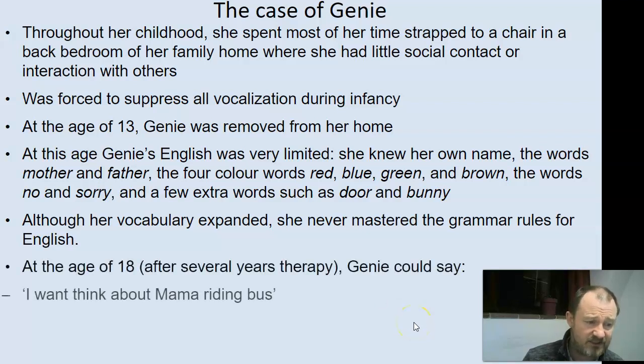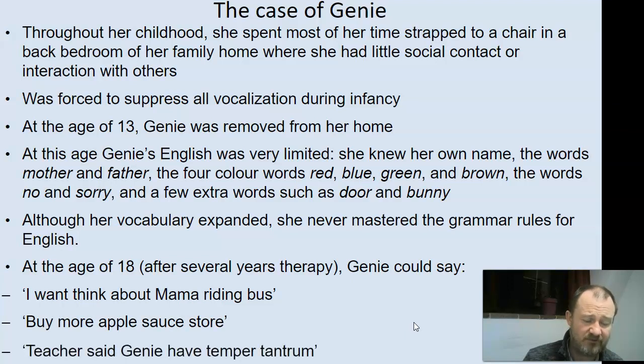At the age of 18, for example, she could say, I want to think about mama riding bus, buy more applesauce store, teacher said Genie have temper tantrum. So an 18-year-old, that's the extent of their English, and that's their first language. It's not their second language, it's their first language. And this tells us a lot.